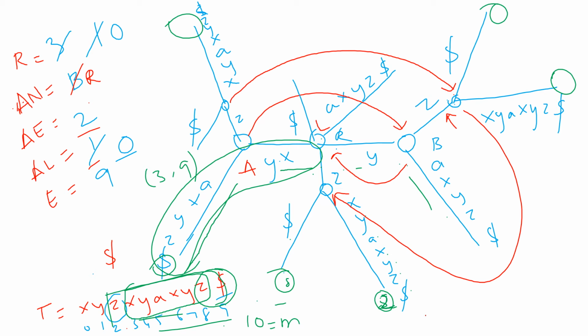So here it will be 10 minus 10, which is 0, and here it will be 10 minus 3, which is 7. Here it will be 10 minus 9, which is 1, and similarly here it is 10 minus 6, which is 4. Similarly we just write the edge. Here it is 10 minus only 1, so it is 9.